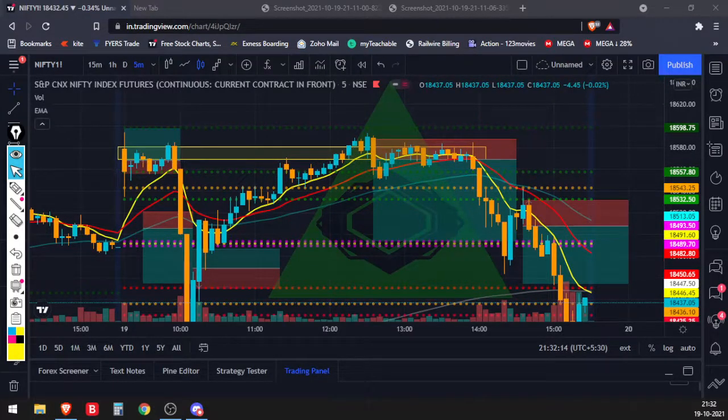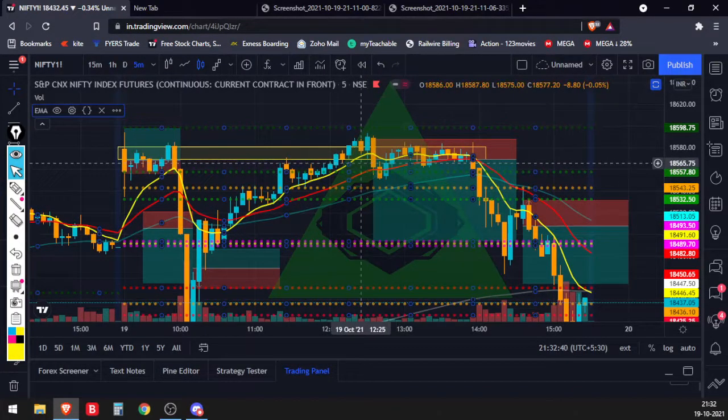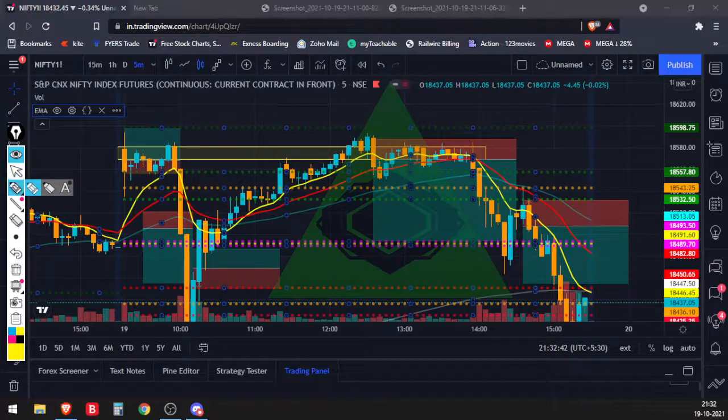Remember this, because no one will teach you which order type you should use with which price action. It's important, remember guys. Not every time should you execute a market order, because especially in intraday and scalping, the order types matter a lot, okay. So let me go on, we have executed our trade here, right, and this is my stop loss.